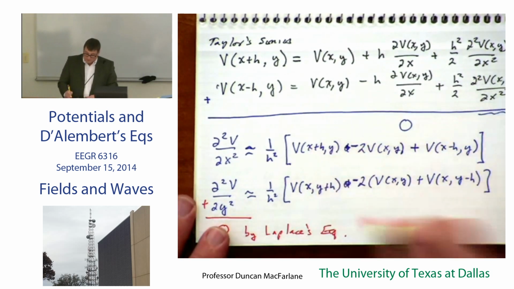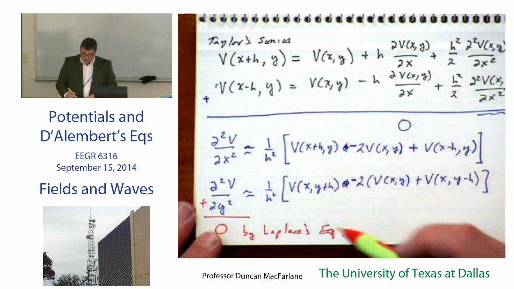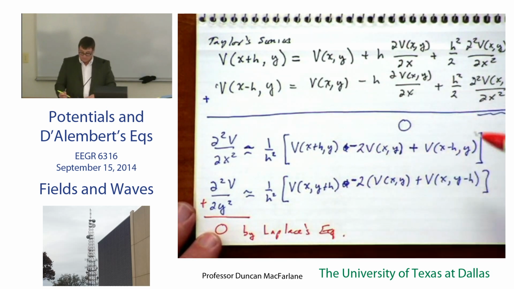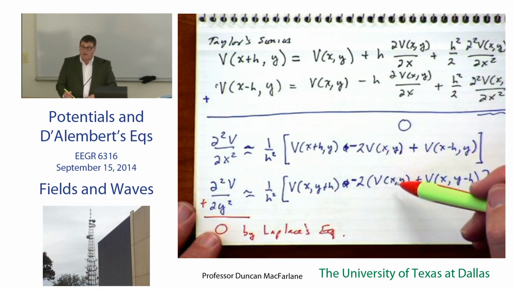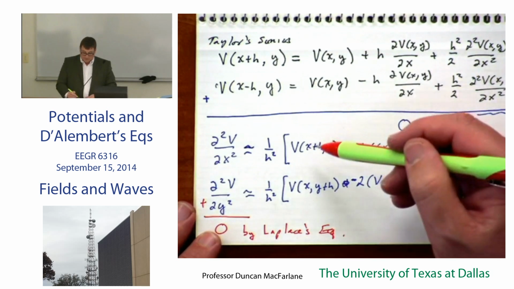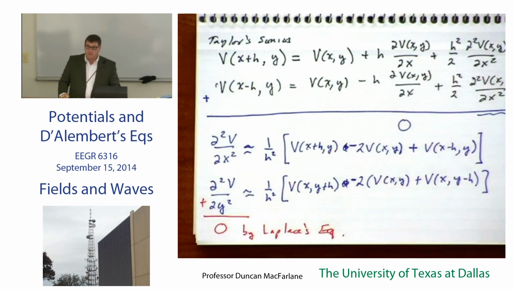If I take the right-hand side and add these together, I've got minus 4 v of x and y, and this term, this term, this term, and this term all equal to the same 0.